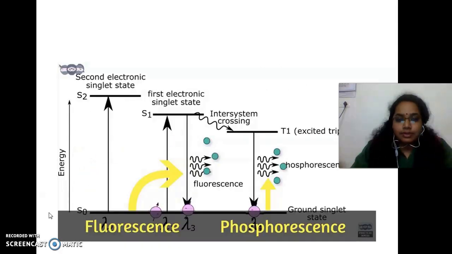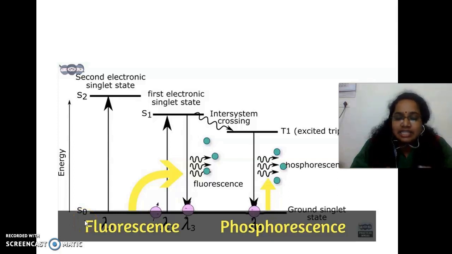Fluorescence and phosphorescence are phenomena which take place in the reaction center of the photosynthetic region. We all know the energy that the reaction center obtains is from the sunlight. So when the sun's energy hits a molecule or atom which is in the ground state, that is in a normal state, it gets excited.